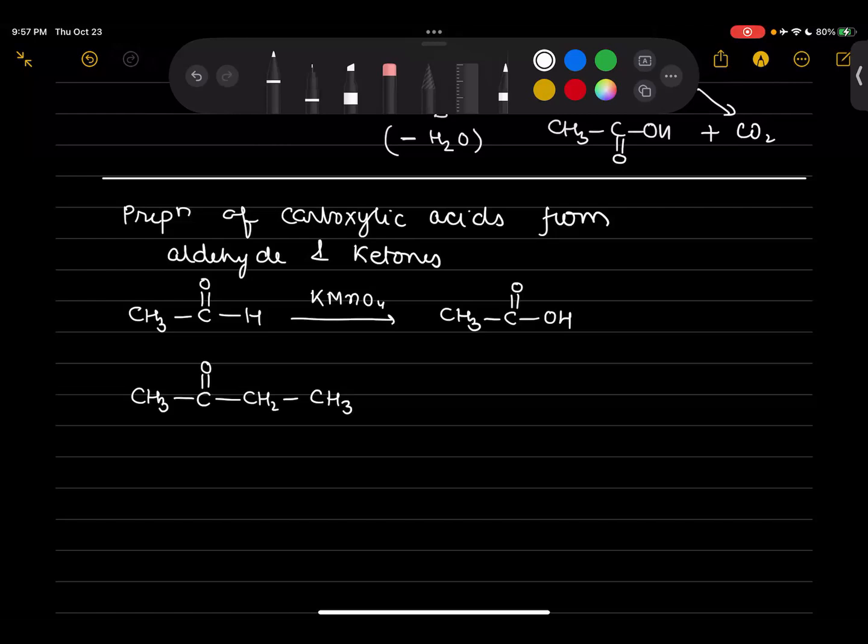Ketones do not get oxidized under normal conditions. No oxidation. Why? And this should be your default answer. Is it clear?